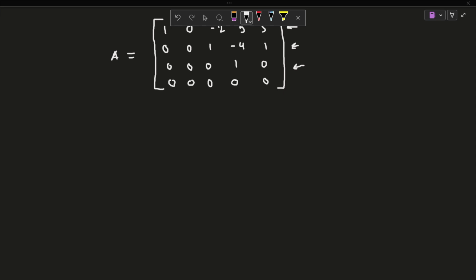Okay? Basically, what this is saying is that no matter what elementary row operation you do to a matrix, the row space is not going to change as long as it's an elementary row operation.